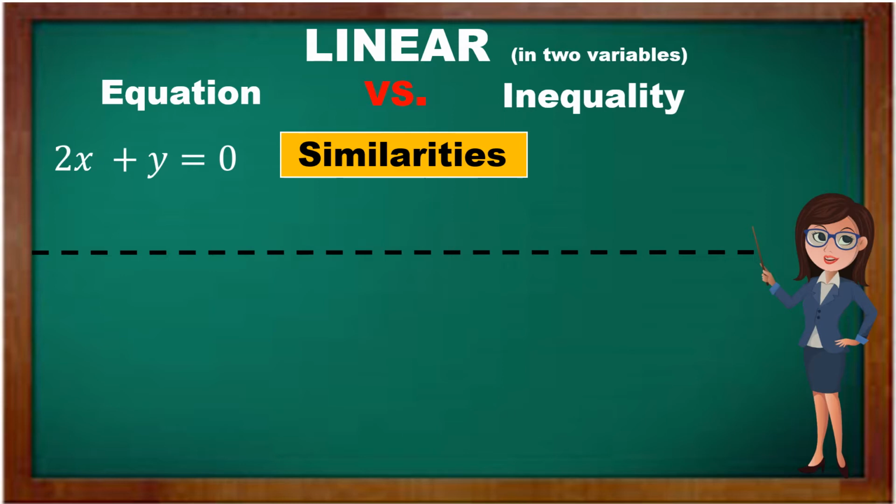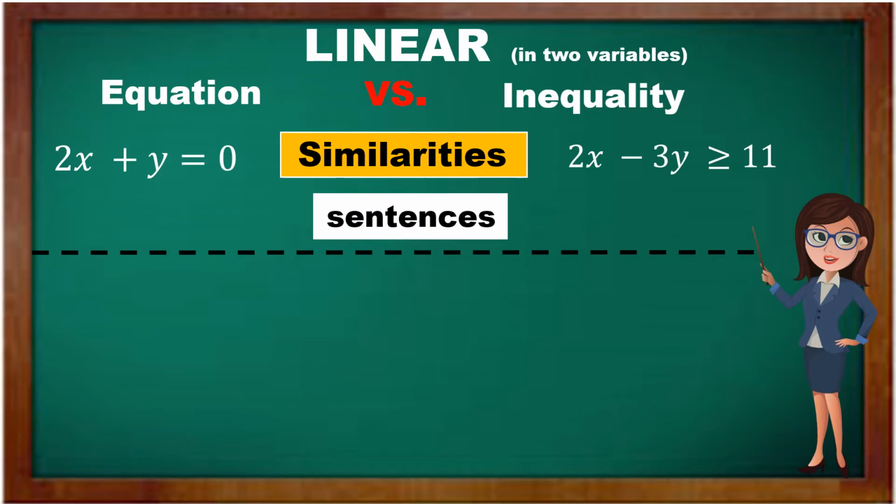On the other hand, we also have an example of a linear inequality, which is 2x minus 3y greater than or equal to 11. By just observing the equation and the inequality, it is obvious that they are similar in terms of being mathematical sentences.